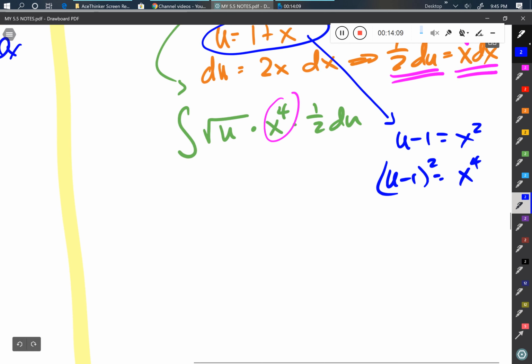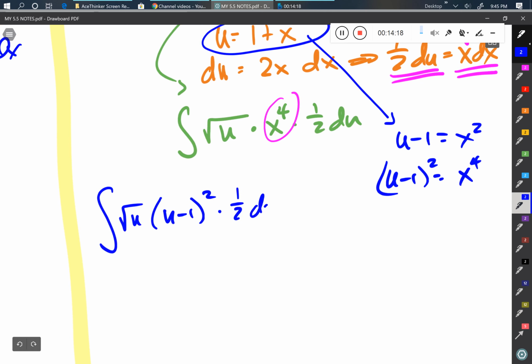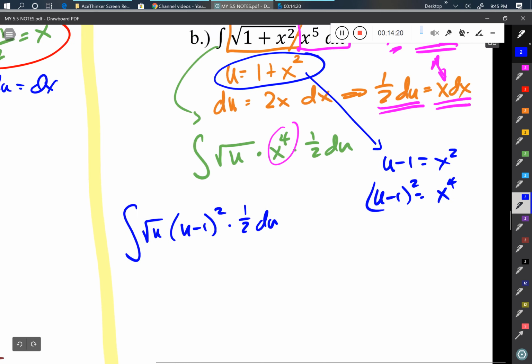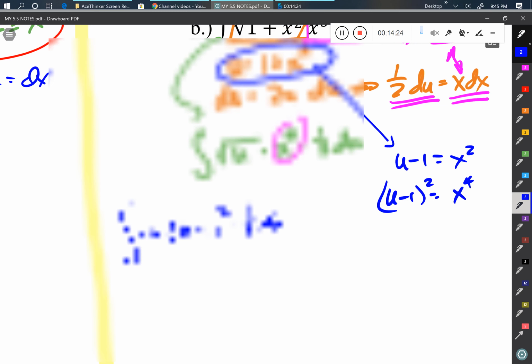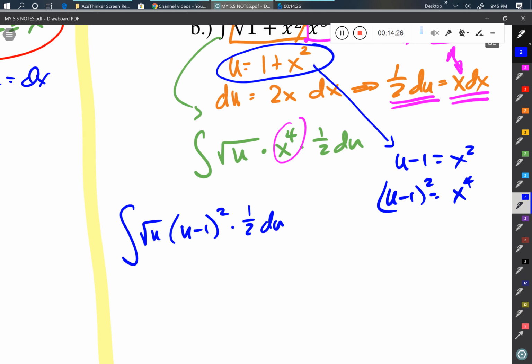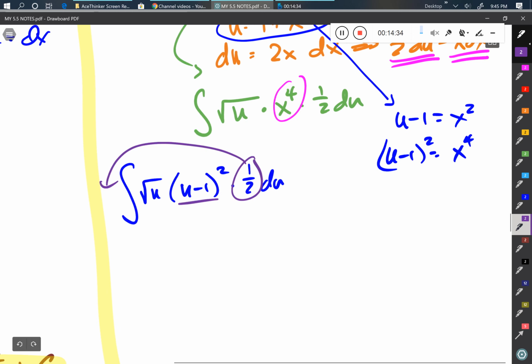Okay, I'll try that. So now I've got the square root of u times u minus 1 squared times 1/2 du. Well, I got rid of my problem that had x's and u's mixed up, but now I've got a mess. I'm hoping algebra will help me out here. I'm going to pull that out in front, and I'm going to distribute this one out.